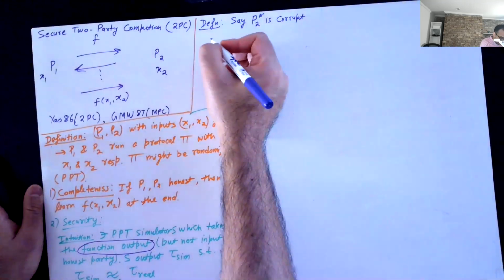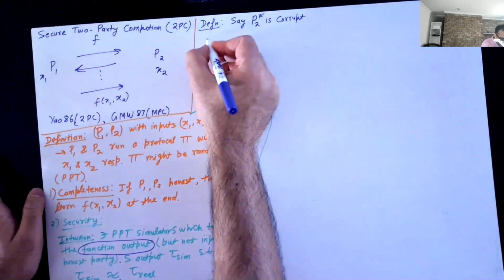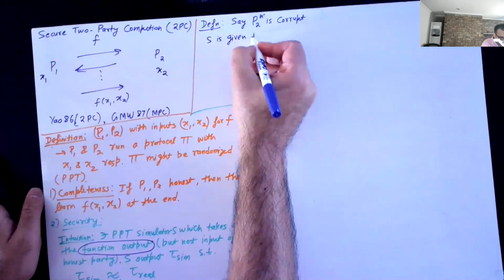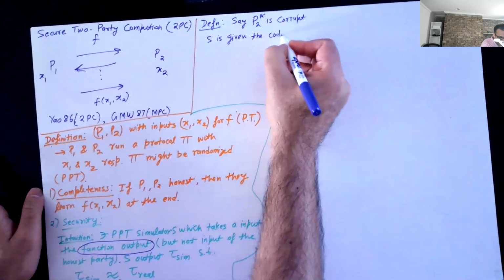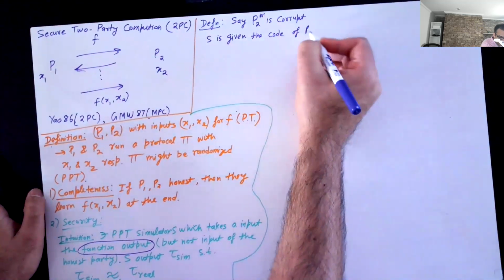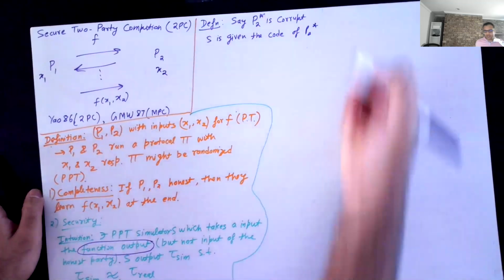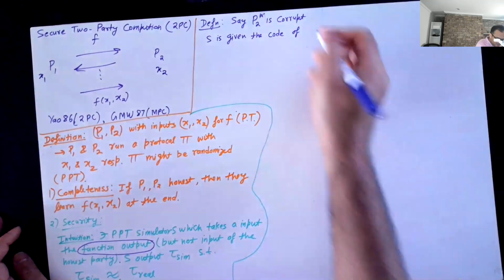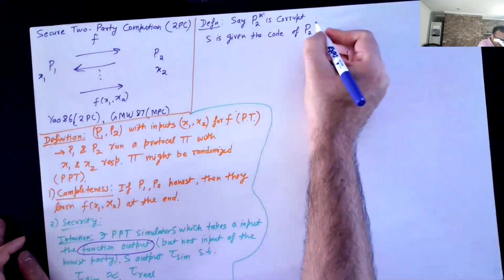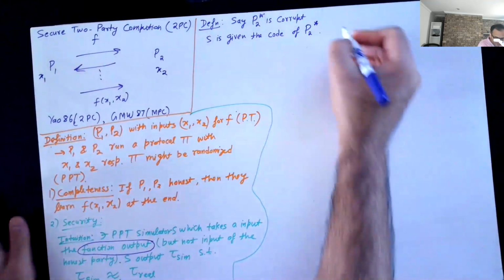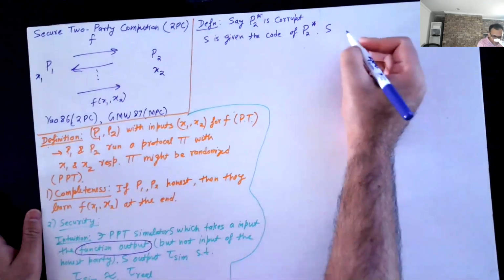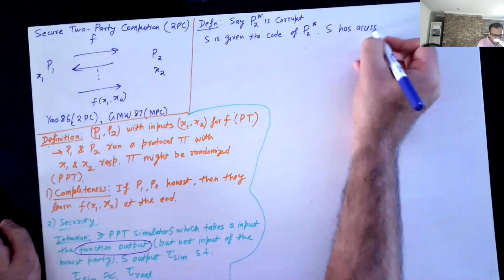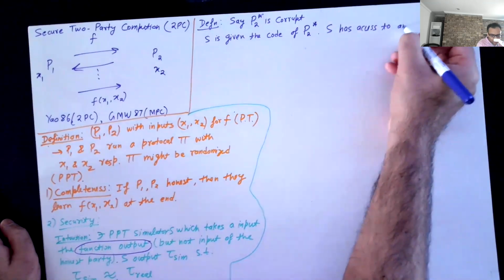Now, the simulator S is given the code of P2 star. So simulator just has the code of the adversary. S has access to an output oracle.